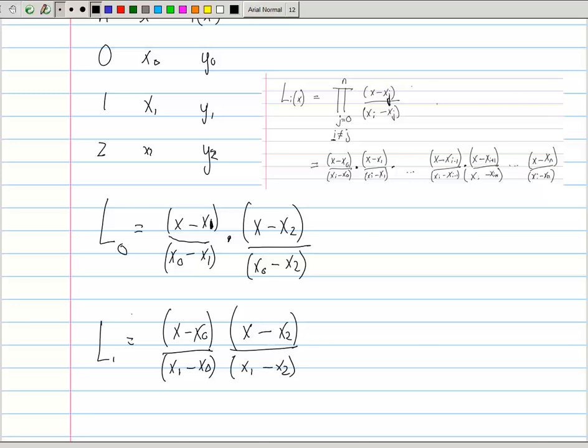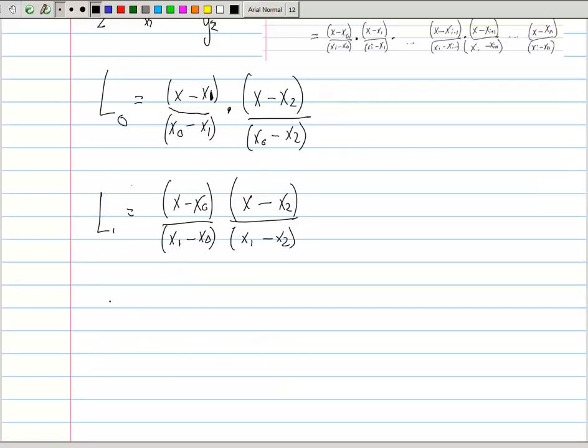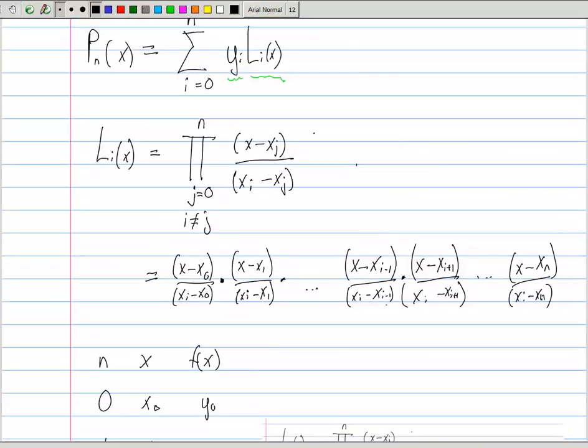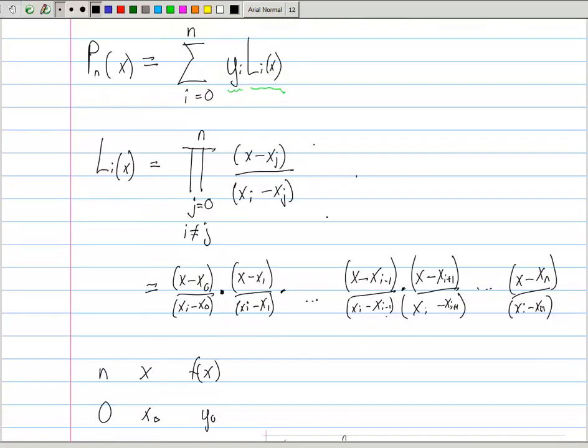Our L2 will have the same first term: x minus x0 divided by x2 minus x0, and then we would have our next, which is x minus x1 divided by x2 minus x1. And we wouldn't have a last term, otherwise we'll have 0 in the denominator. So that is how we work out our L's. And then we just multiply that by our y's and add each of those up.